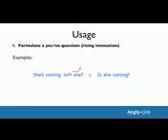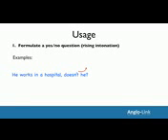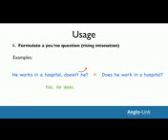Is she coming? Again, you expect either a yes or a no answer. Yes, she is. Or no, she isn't. Let's look at the third example. He works in a hospital, doesn't he? Is the same as asking, does he work in a hospital? You would expect a yes, he does, or a no, he doesn't.